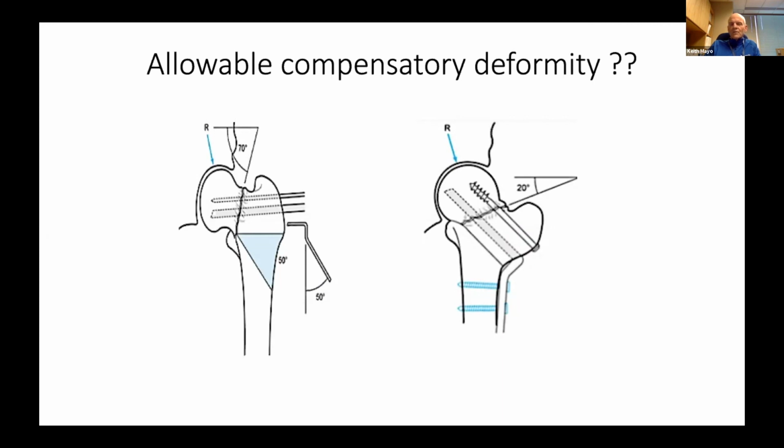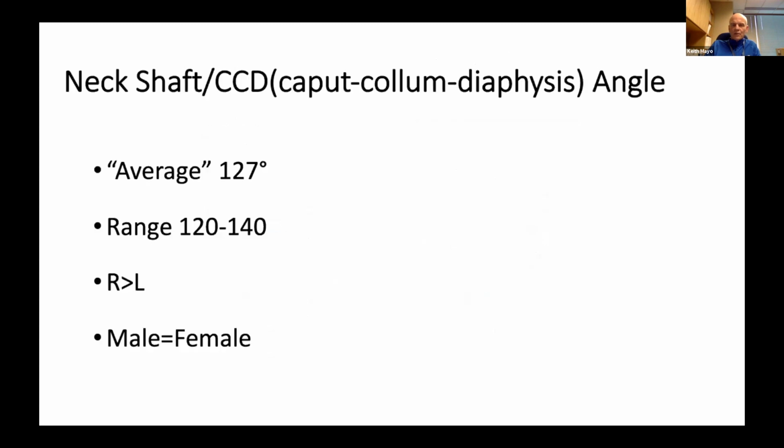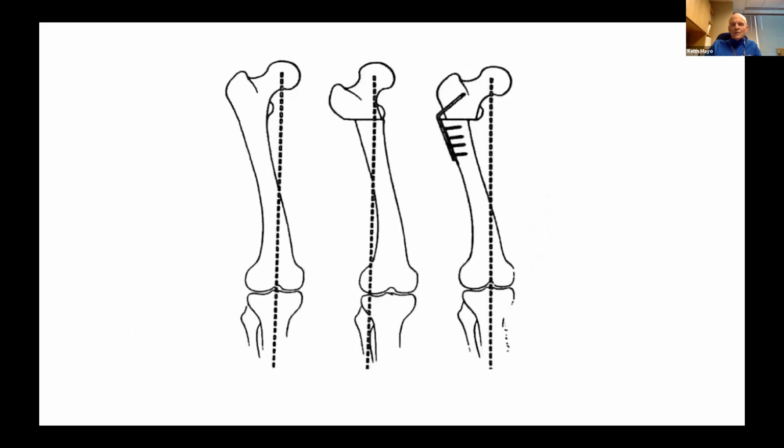And part of the reason it is not necessary is because our mechanical fixation is so much better today with blade plates. CCD angles average 127 with a wide variability. Sometimes we'll see side-to-side variations of a few degrees, but remarkably not much difference in male, female, although there clearly are racial differences. There's a lot of discussion about shaft displacement with osteotomies.